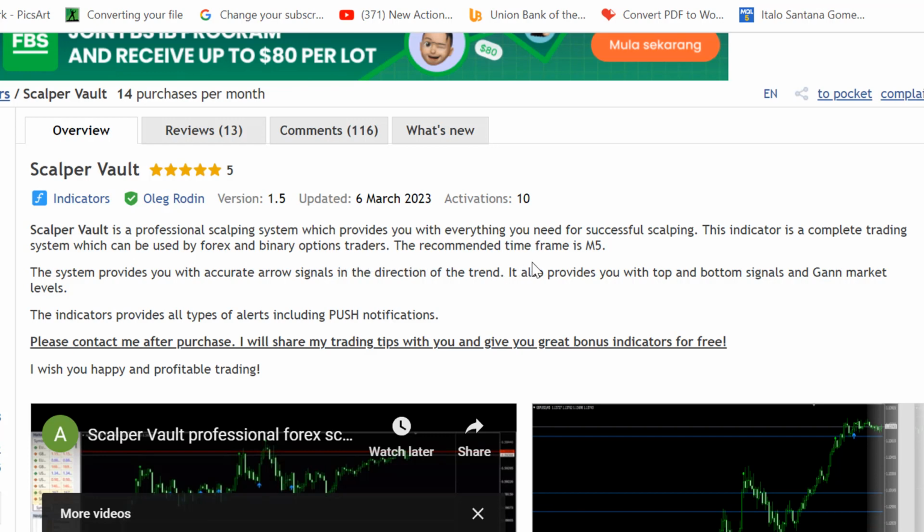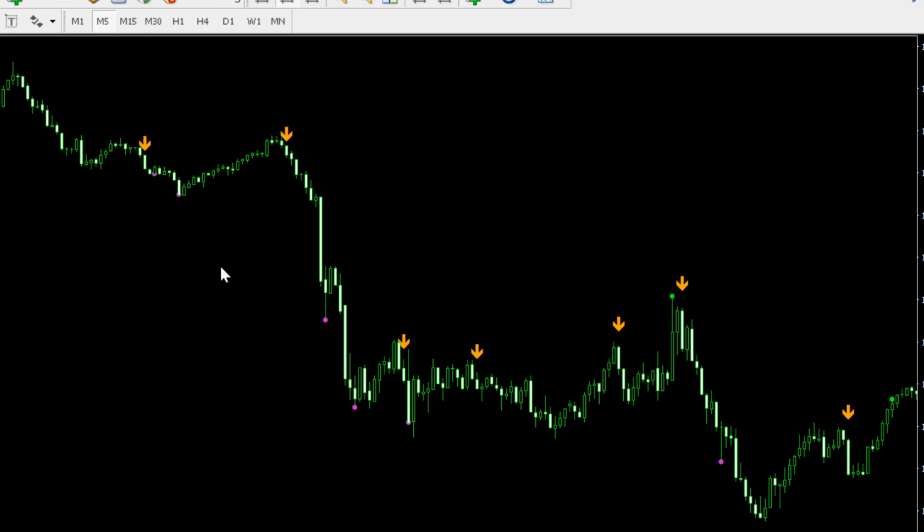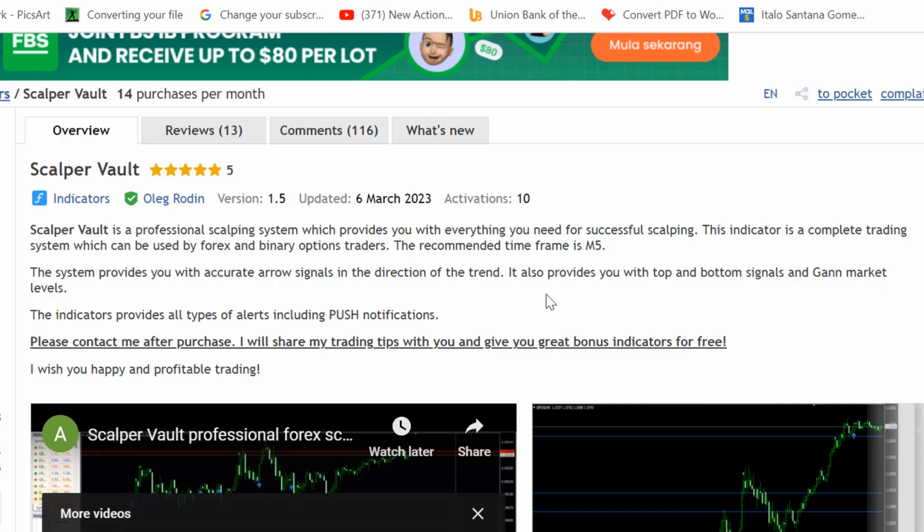The recommended time frame is 5 minutes, so that is the reason why I use the 5-minute time frame. Once again, this system provides you with accurate arrow signals in the direction of the trend.